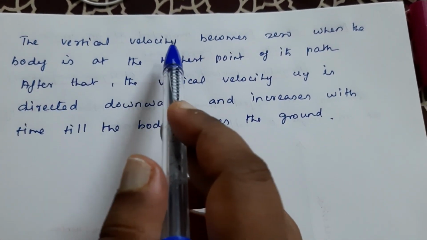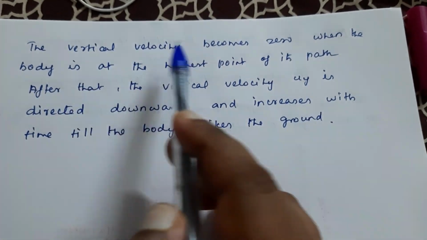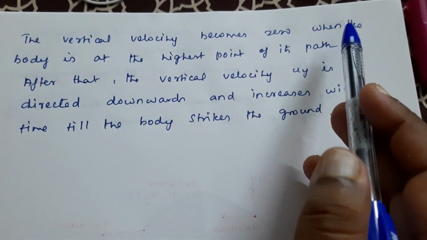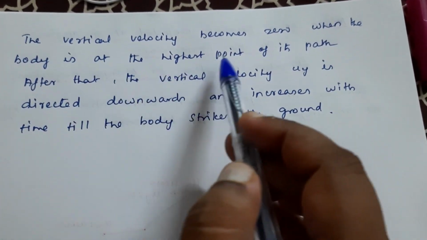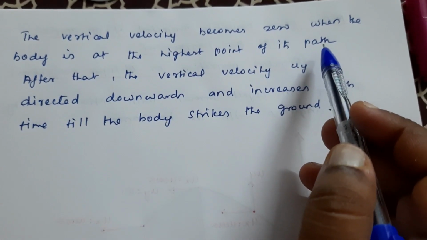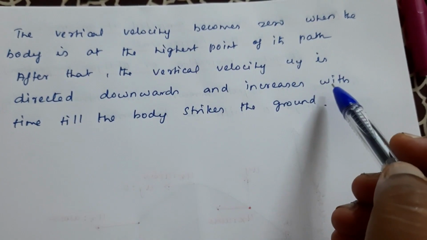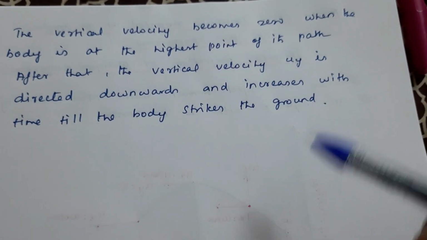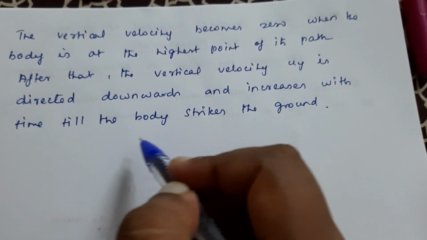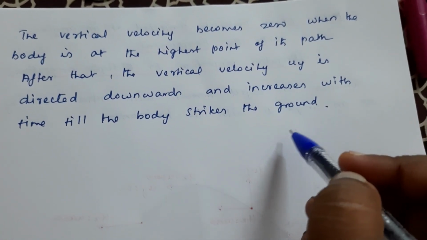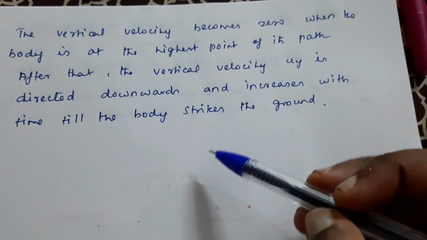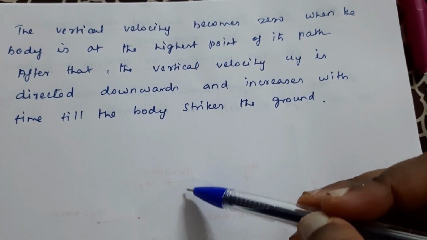Initially the vertical velocity decreases, then the velocity becomes zero when the body is at the highest point of its path. After that, the vertical velocity is directed downwards and increases till the body strikes the ground.